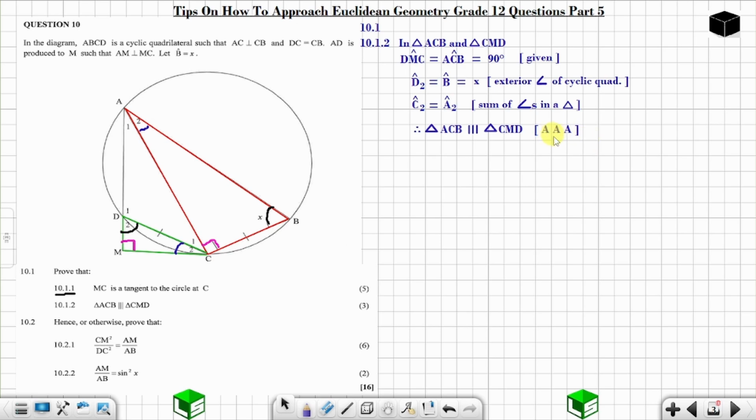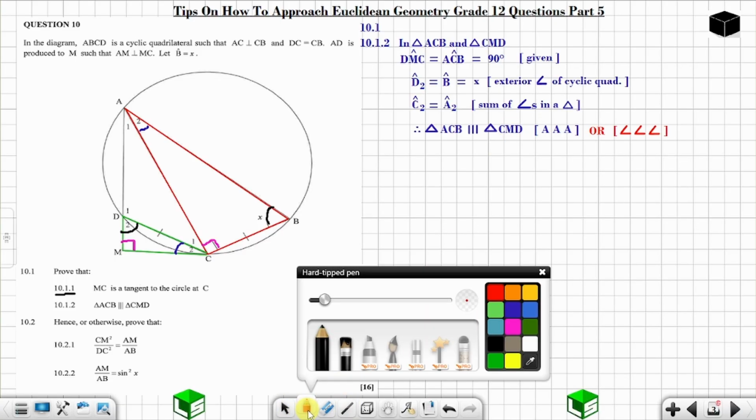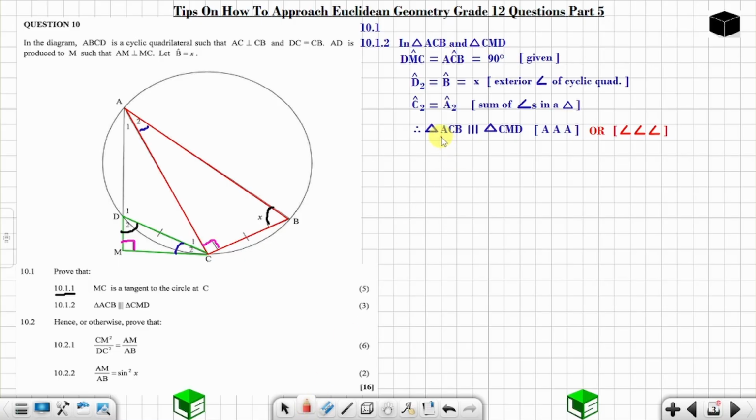Or you can write your reason like this: angle, angle, angle. And always respect the order. Let me show you. The angle at A is equal to the angle at C. First letter, first letter.